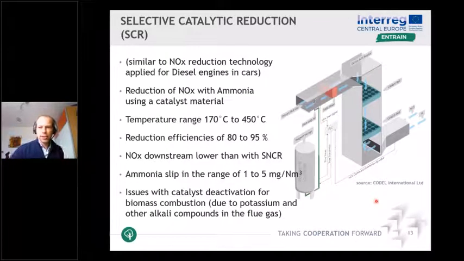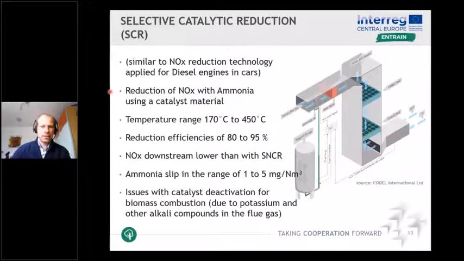If higher reduction efficiencies are needed, there's a possibility to use selective catalytic reduction. This is similar to the nitrogen oxide reduction technology that's applied in diesel engine cars. There, the reduction of nitrogen oxides takes place with ammonia using a catalyst material in a temperature range of 170 to 450 degrees Celsius.